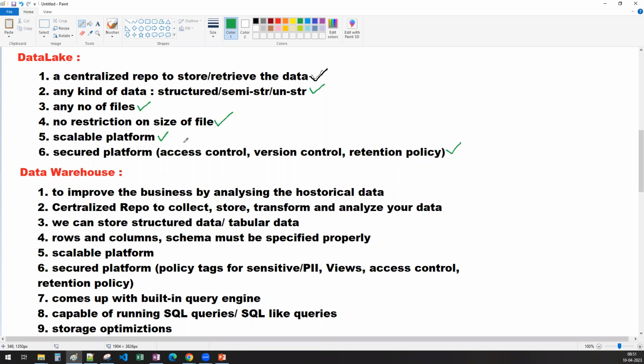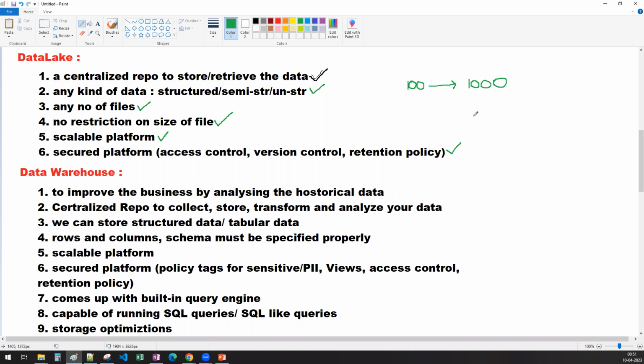It is scalable. When I say scalable, today you want to store 100 GB, tomorrow you want to store 1000 GB, and the data lake can withstand that. It can even go from 1000 GB back down to 100 GB and up to 1000 GB again.